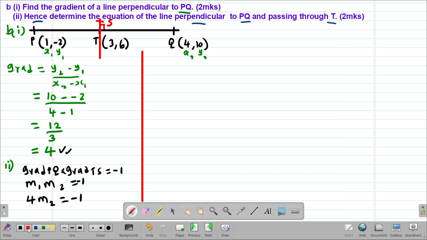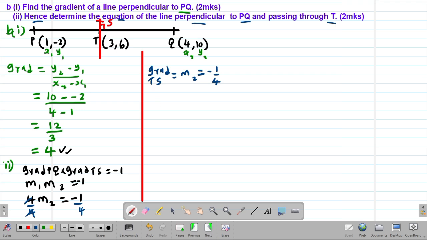If I divide through by 4, the 4 and 4 will cancel out. Therefore the gradient for the line TS, which is M2, will give me -1/4.